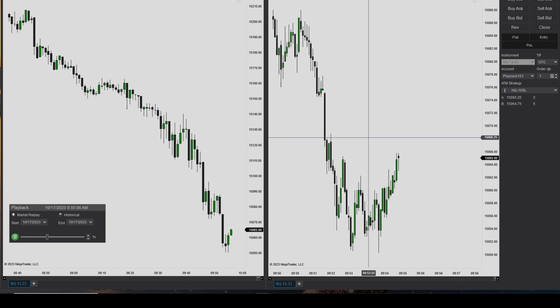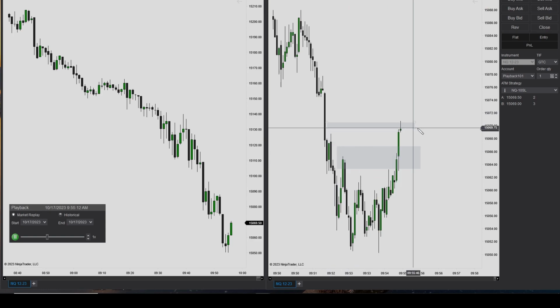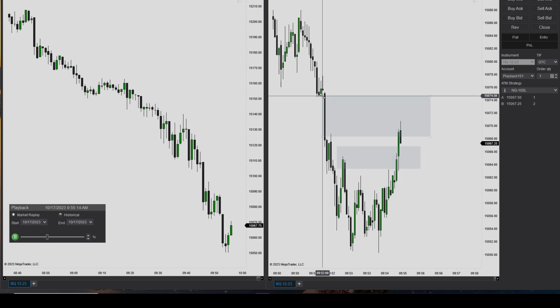So I was studying a bunch of the higher time frame stuff, which I totally get, and maybe eventually I'll go back to it, but I like the lower time frame just because there are so many opportunities.